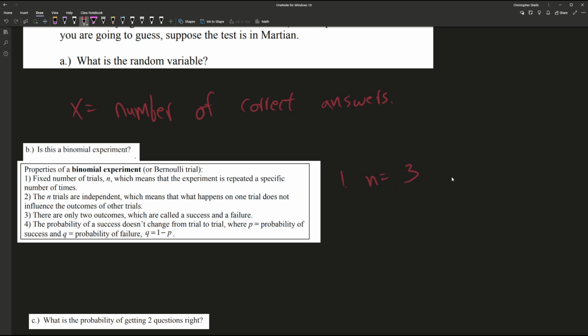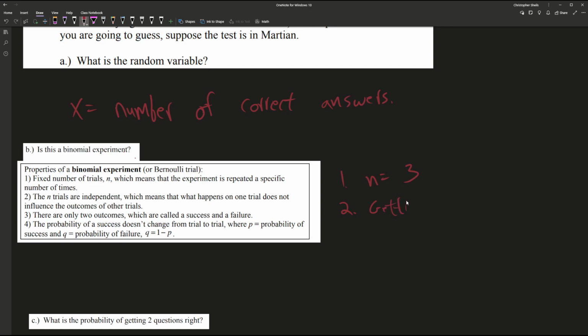There are 3 questions. Number 2, the trials are independent, which means that what happens on one trial does not influence the outcomes of other trials. Well, getting the first question correct, for instance, has no effect on getting the second or third questions correct. So the trials are independent, right?